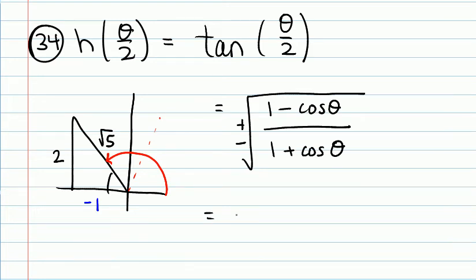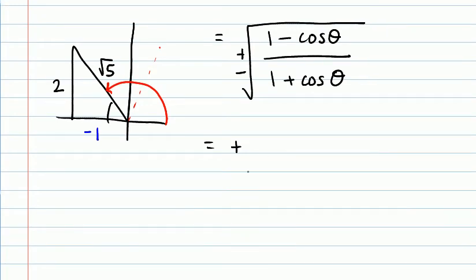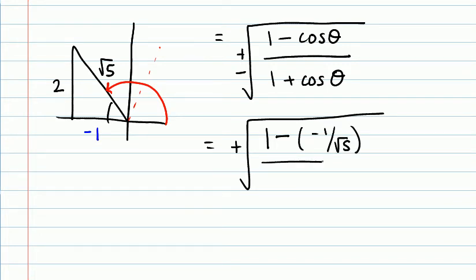So looking at this problem, 1 minus the cosine will be 1 minus a negative 1 over root 5, over 1 plus a negative 1 over root 5. I think that we should simplify our fractions first.